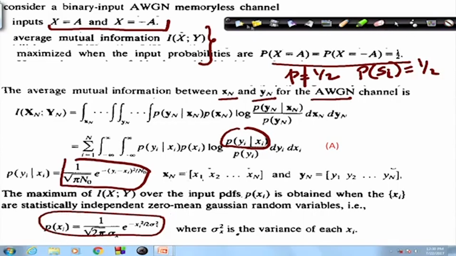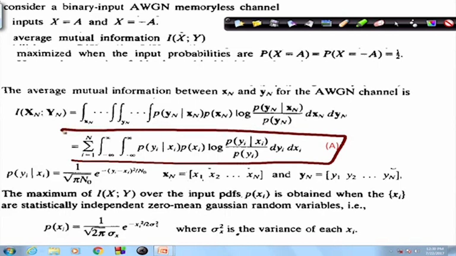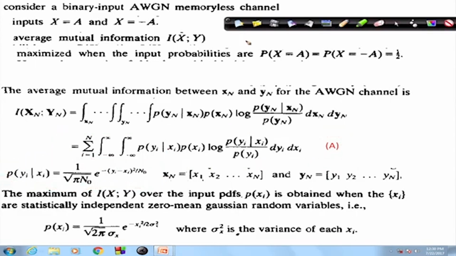We have to solve this expression. Previously, there was no integration, there was summation because they were all discrete, but now since we have an AWGN channel, waveform output, continuous output, we will be using these densities in our expression. So, evaluation is a little bit different, but the expression in philosophy remains the same.